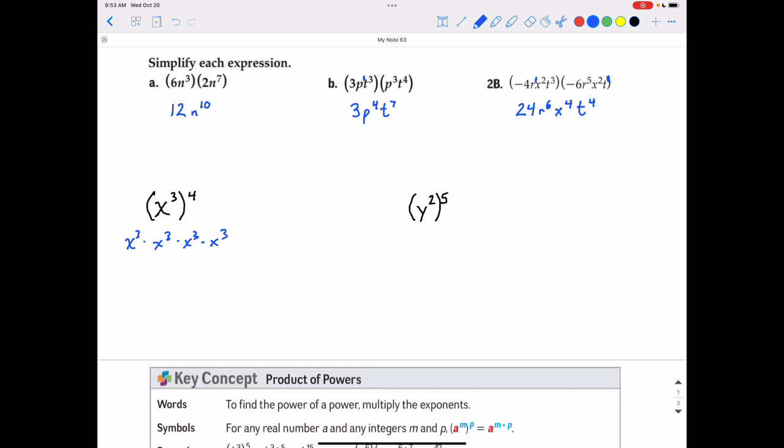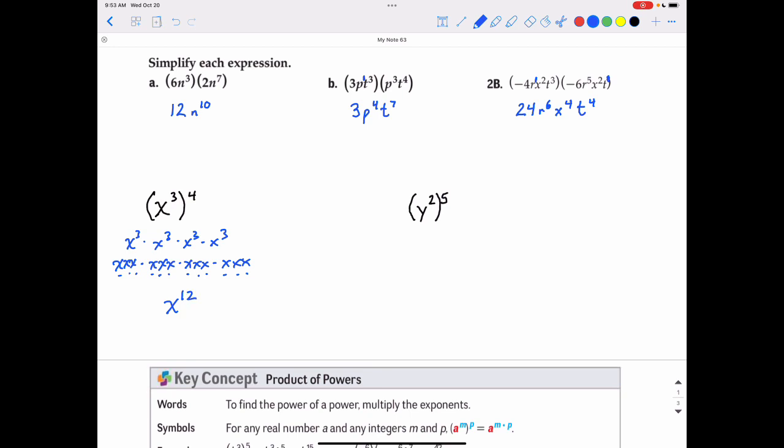And each one of those x to the thirds is x times itself 3 times. So as I count my x's, I see 1, 2, 3, 4, 5, 6, 7, 8, 9, 10, 11, 12. There are 12 x's there, so that would be x to the 12th.